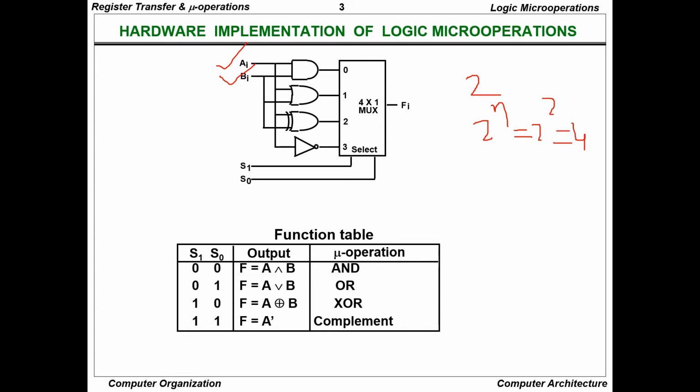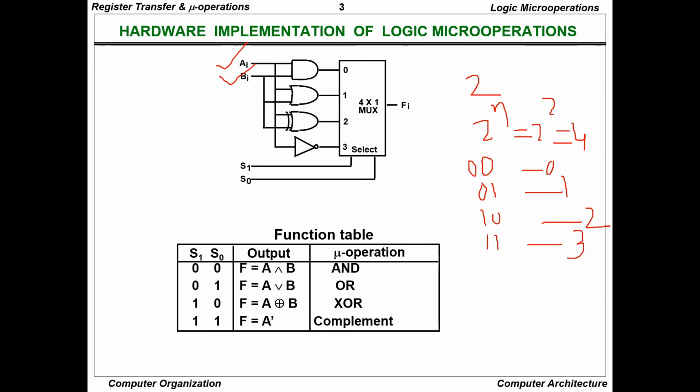If it is 0, 0, that is 0. If it is 0, 1, that is 1. If it is 1, 0, that is 2. If it is 1, 1, that is 3. You can clearly observe this in the table here.